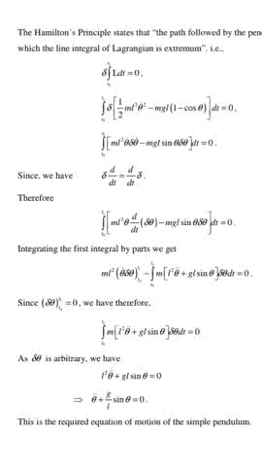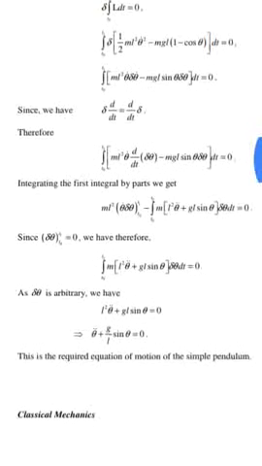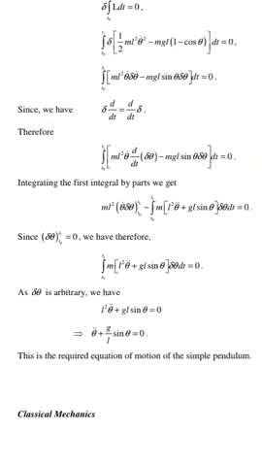Since δθ̇ = d/dt of δθ, therefore integral from t0 to t1 of [ml² θ̇ d/dt(δθ) − mgl sin θ δθ] dt = 0.